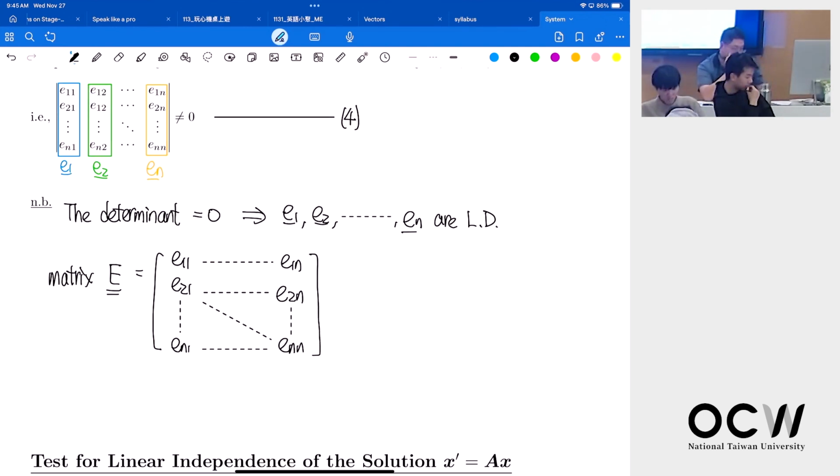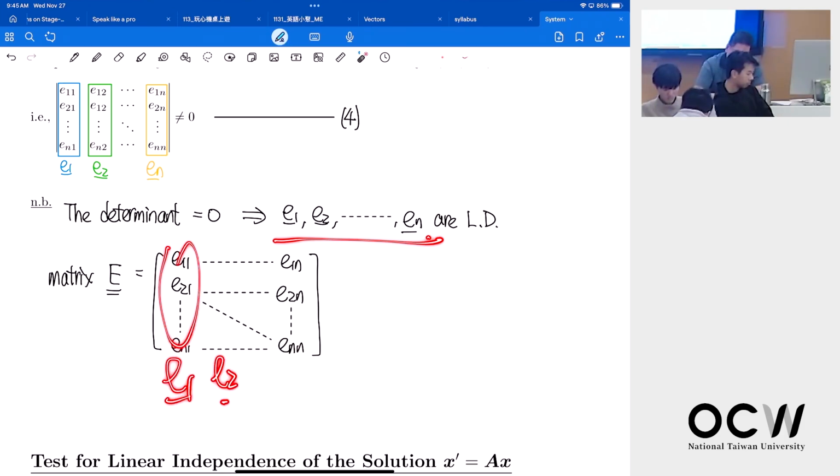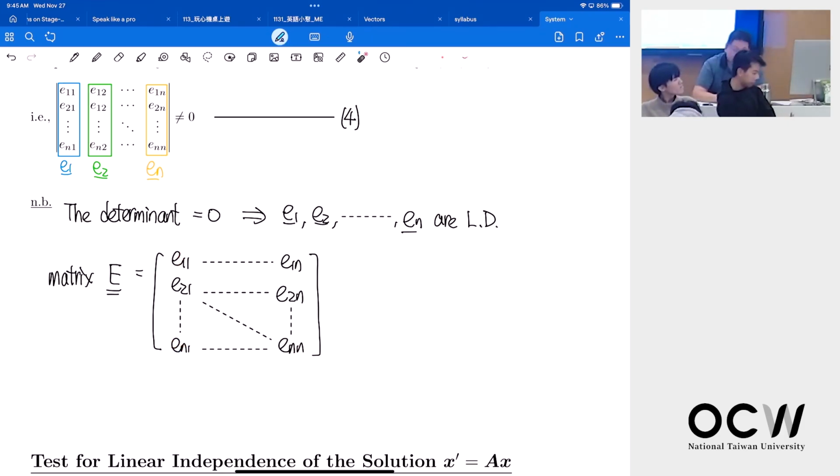Then let me ask you a question. If E1 to En are linearly independent, then what is the rank of this matrix E? Bonus point, anyone? N?